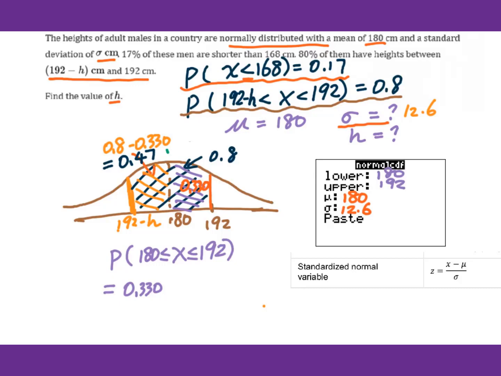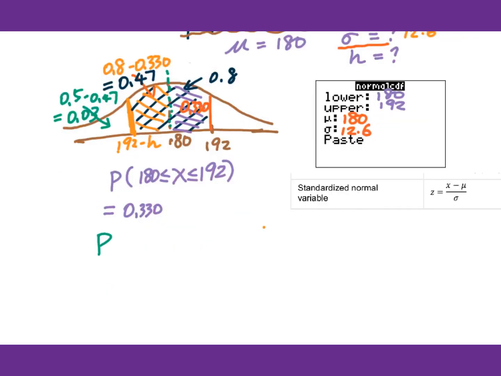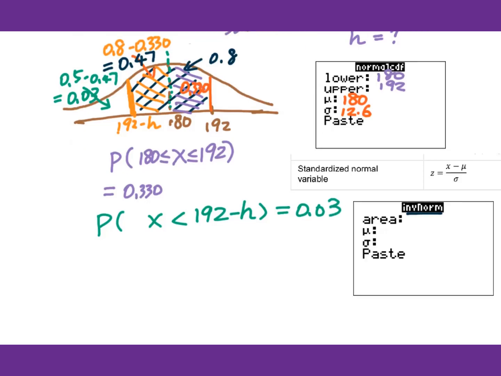Since a normal curve is symmetric across this mean, this area you can get 0.5 minus 0.47. You will get 0.03. In other words, probability x less than 192 minus h equals 0.03.